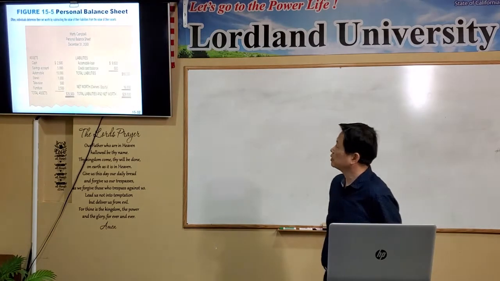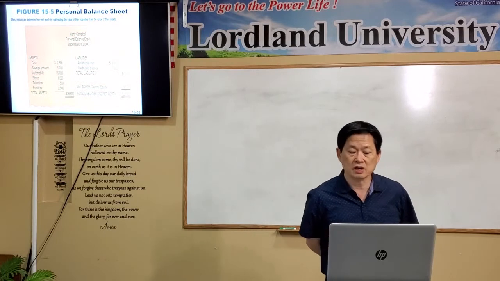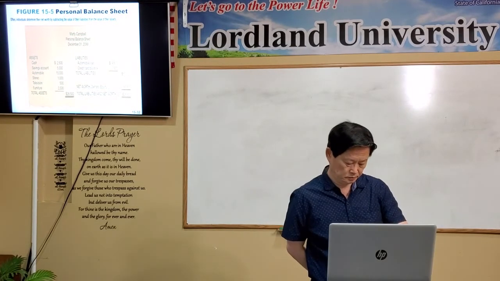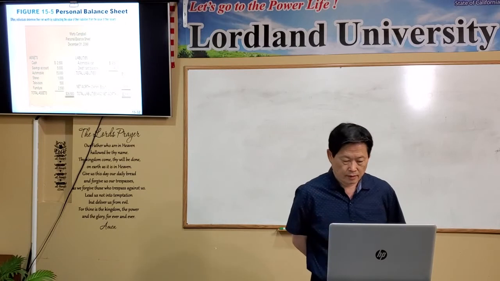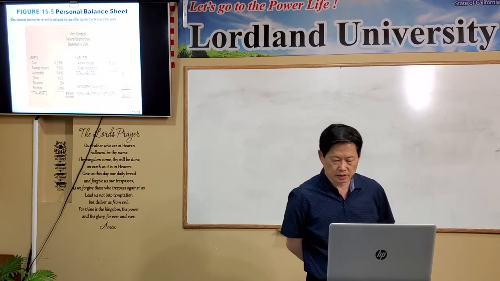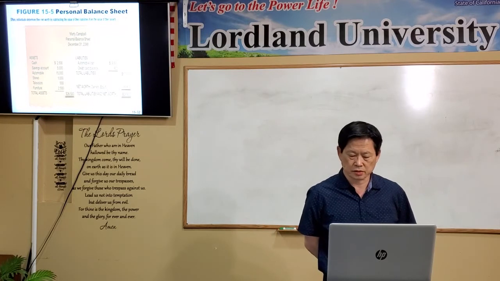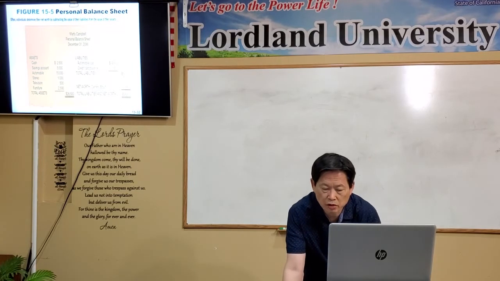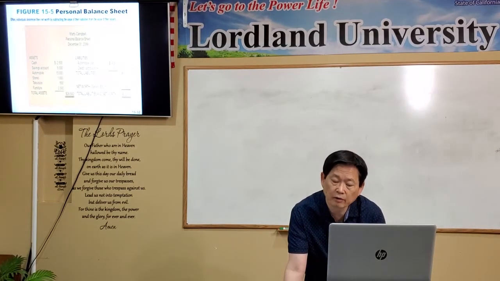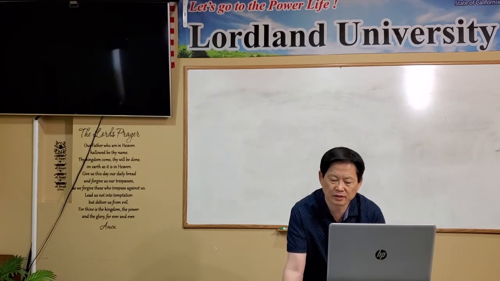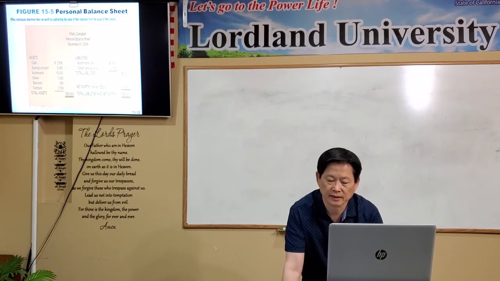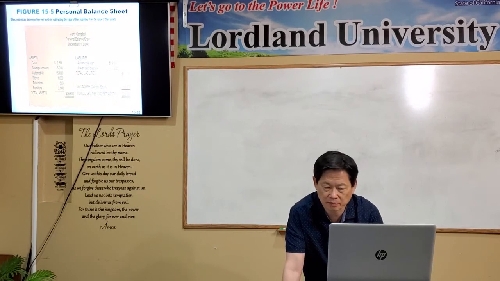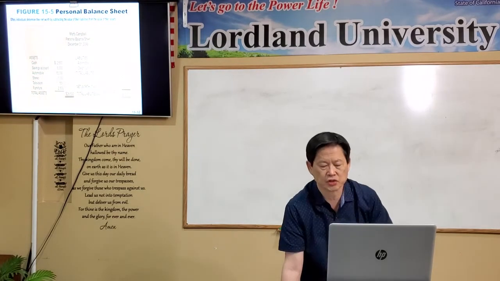This figure shows the personal balance sheet. Assets minus liabilities equals net worth. A business balance sheet uses the terminology of owner's equity. However, a personal balance sheet uses net worth instead of owner's equity. Okay? Terminology is different between the personal balance sheet and the business balance sheet.